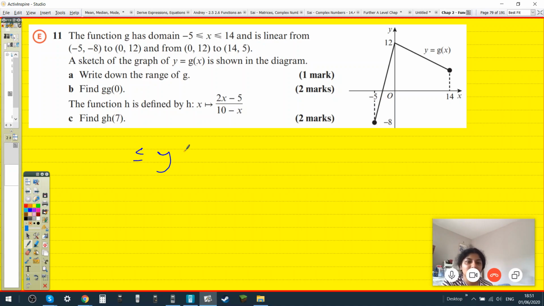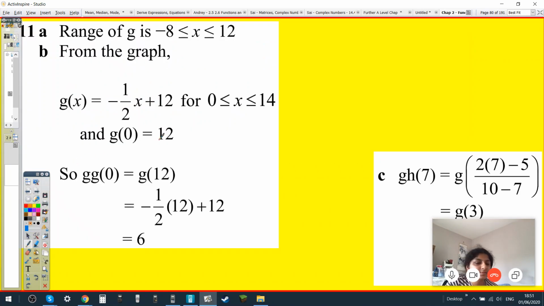Yeah, y. 12 minus 8. What is the domain? Minus 5 to 14. There we go. I'm saying y, but they often say f of x because you might have 3 different equations: f of x, g of x, h of x, and they all have y. But yeah, that is the range.